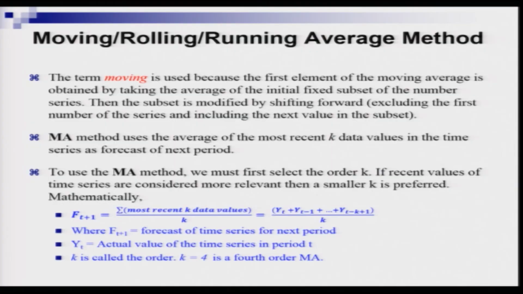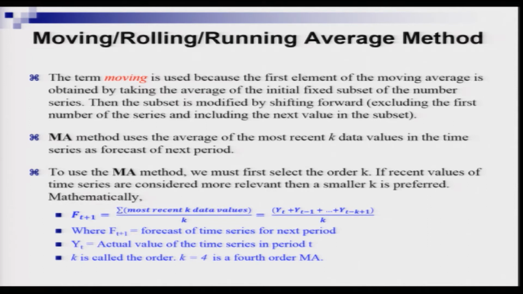So, now why are we adding this term moving in front of the average method? We are adding the term moving because the first element of the moving average is obtained by taking the average of the initial fixed subset of the number of series. So, suppose we choose the first k number of observations in the time series, then the subset is actually modified by shifting it forward.